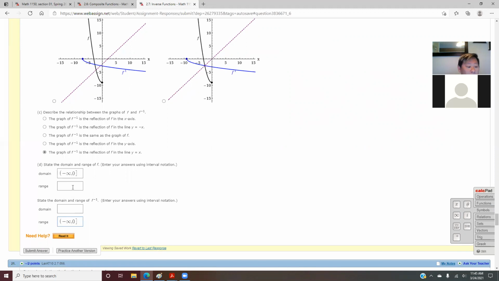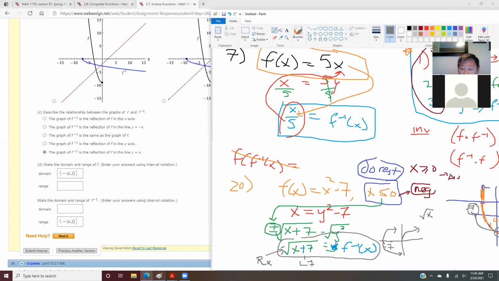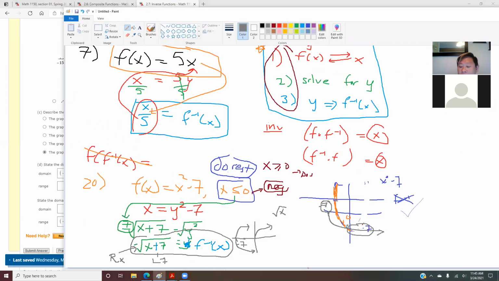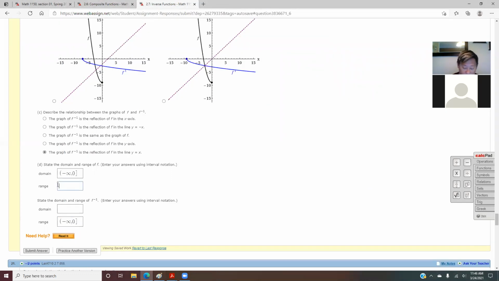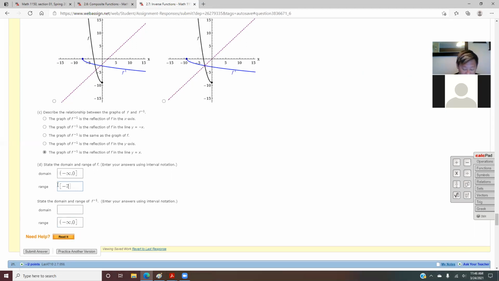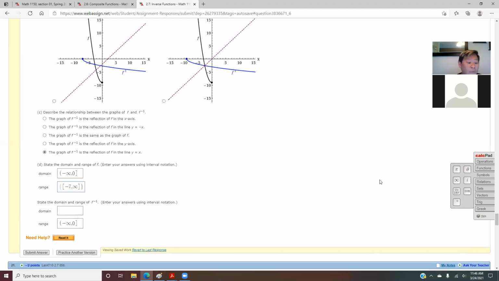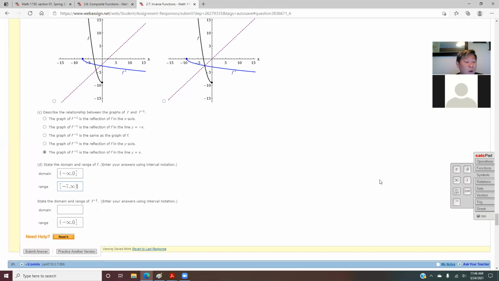Now let's talk about the domain and the range. If you remember your orange graph here, what is the range of this orange graph? The y value. The range will be from -7 to infinity, with a bracket at -7. And that will be the same as the domain of your inverse function.